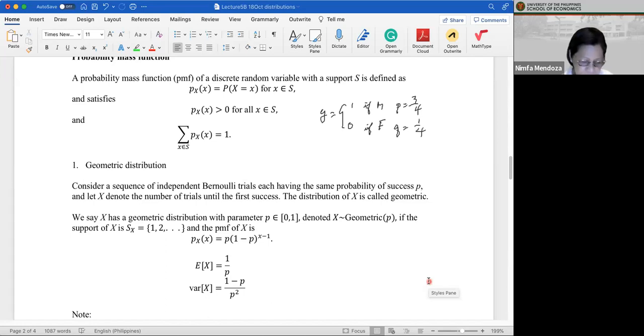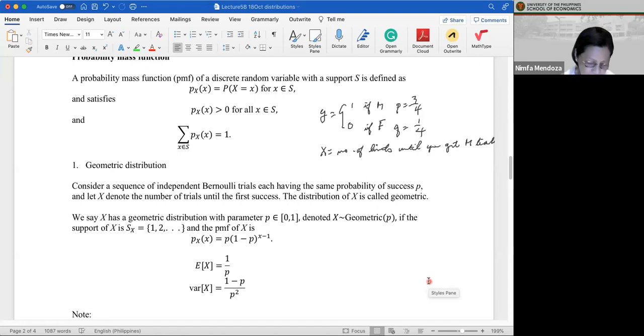So consider a sequence of trials, each having the same probability of success. Let X denote the number of trials until the first success. So let X be the number of birds until you get a male bird.